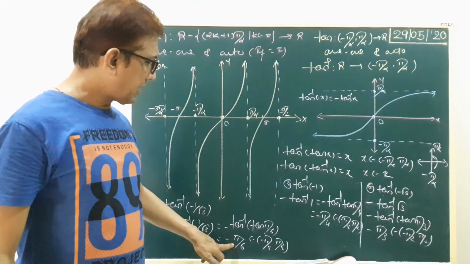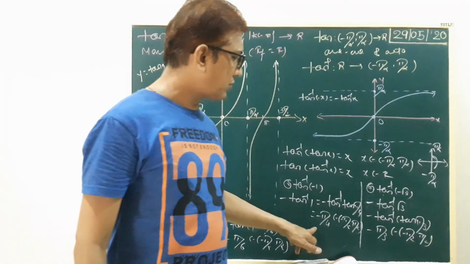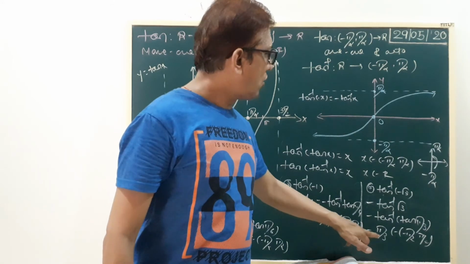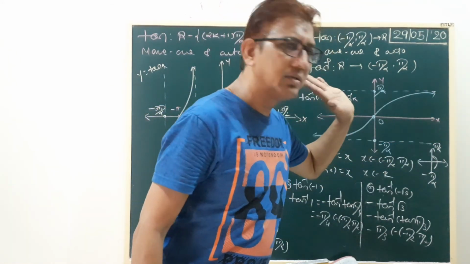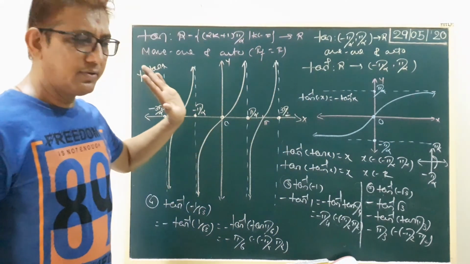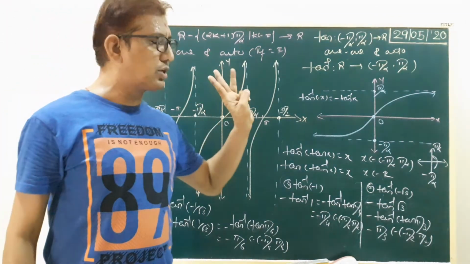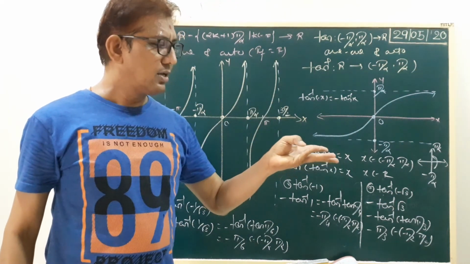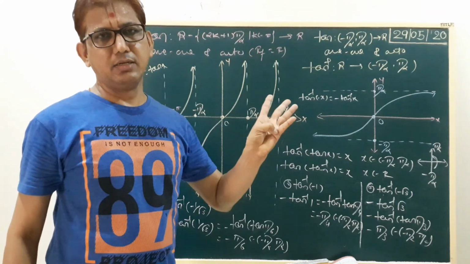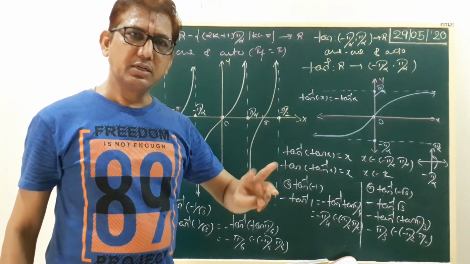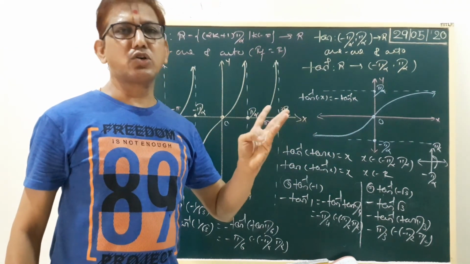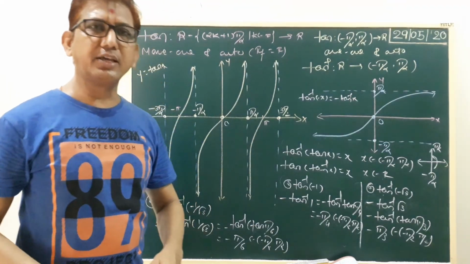Here minus pi by 6, that is minus 30, minus 45 and minus 60 degrees, all are in the fourth quadrant. Okay? Clear? We have completed a total of 3 functions: sine, cos and tan. Now the remaining 3 functions: cot, sec and cosec. Is it clear? Okay. Thank you very much.